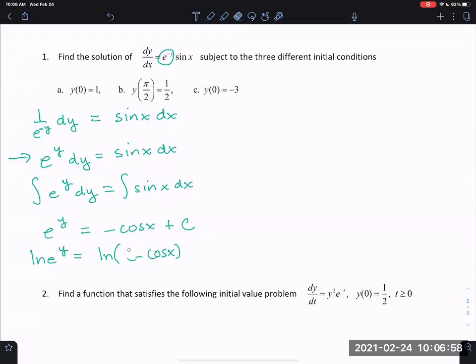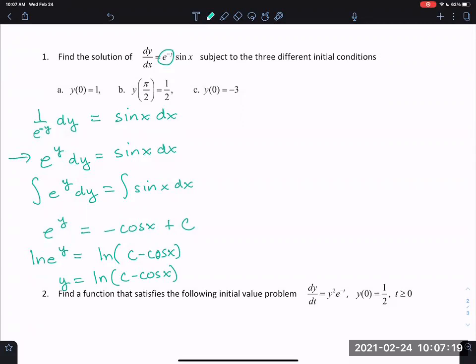That's just me and my preference. If you wrote it inside as negative cosine x plus c, it's perfectly fine. So my simplification then is that. All right, I've got my y equals form of this.